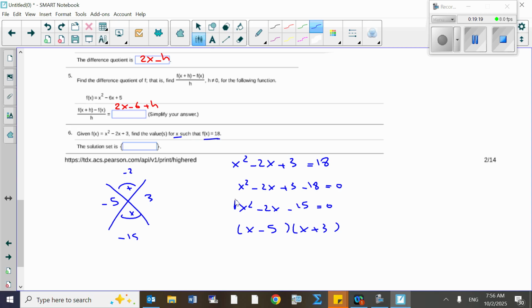If this a value was not 1, then you would have to turn this into 4 terms and then factor by grouping. Anyway, now I can set each factor equal to 0: x minus 5 equals 0, so x equals 5; x plus 3 equals 0, so x equals negative 3. So these are the two values of x if f of x equals 18.